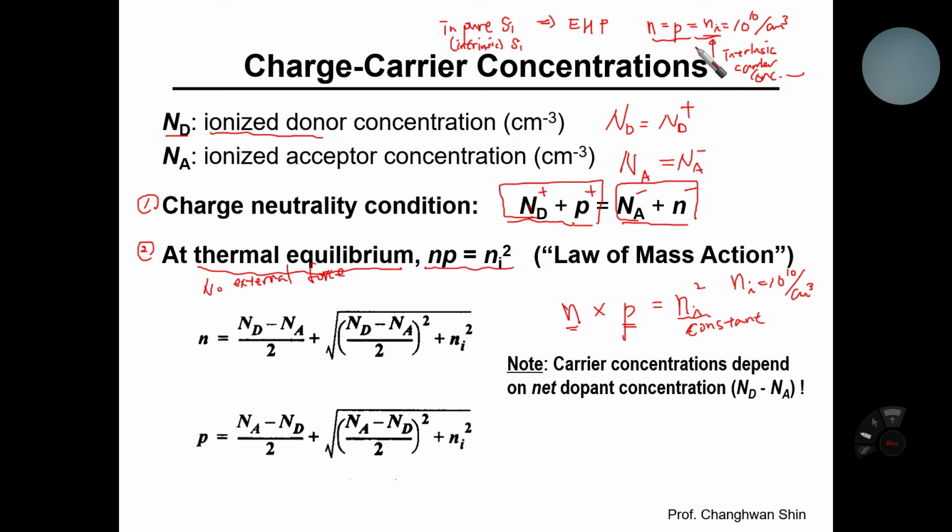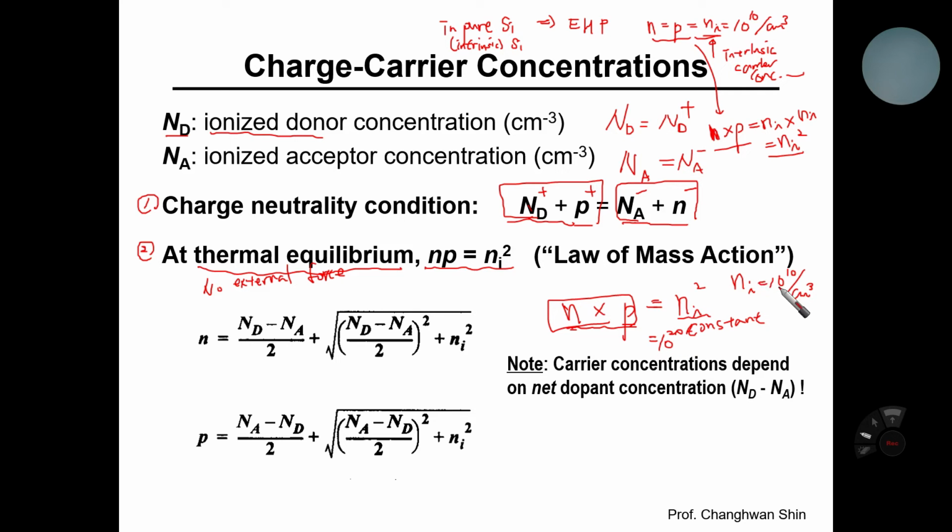From this equation, we can derive that n times p is equal to n sub i times n sub i, which is equal to n sub i squared, or 10 to the 20.